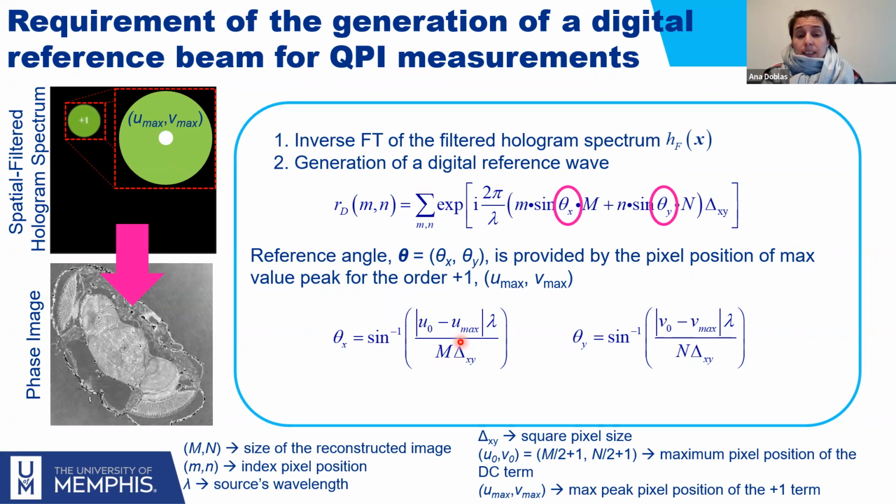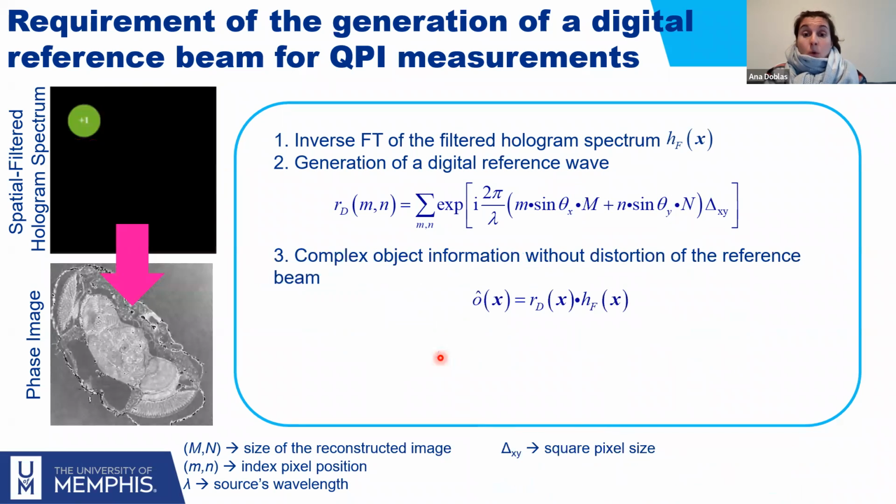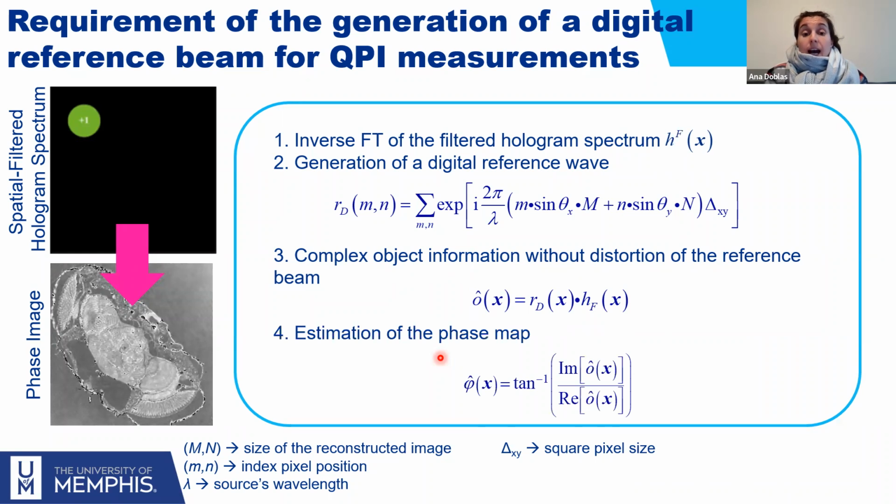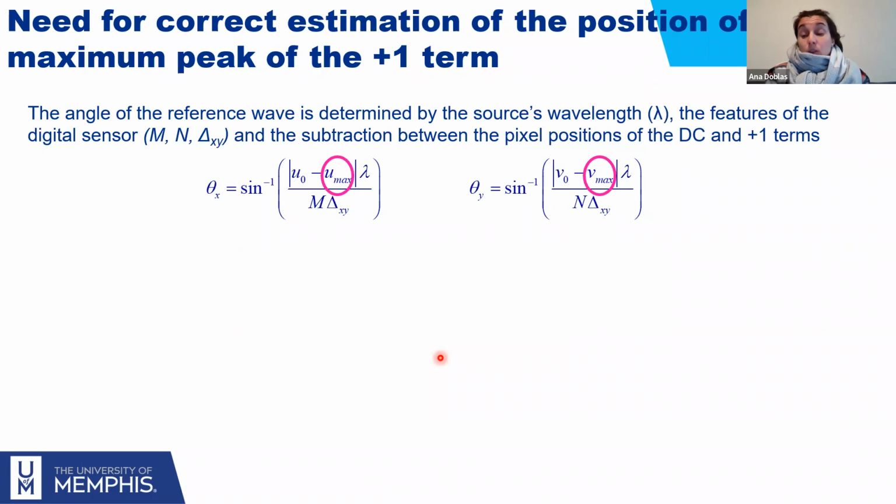So we just need to know the maximum position of the +1 term along the X and Y axis, and then the wavelength, how many pixels we have, and the size of the pixels. But roughly, all this information is already well known. So we can generate our digital reference wave and multiply it by the space distribution of the filtered hologram spectrum. And now we estimate the phase by doing the inverse tangent of the imaginary part over the real part. And that's how we do it.